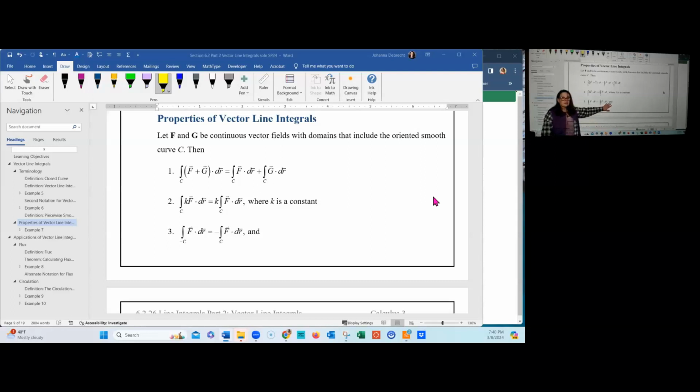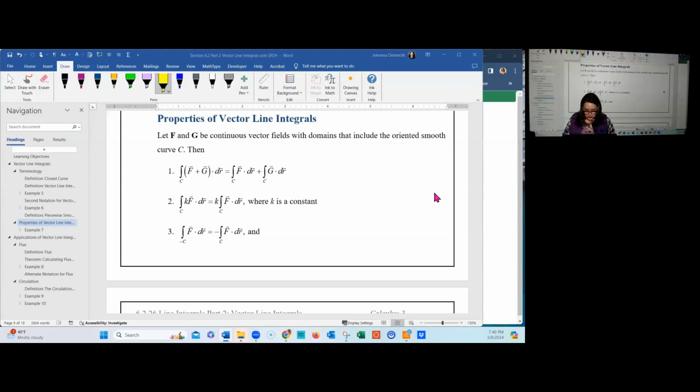However, for a vector line integral, the direction of travel does affect the value. If you evaluate the vector line integral of f dot dr along negative C, going in the opposite direction to the orientation, you get negative times the vector line integral of f dot dr on regular C.